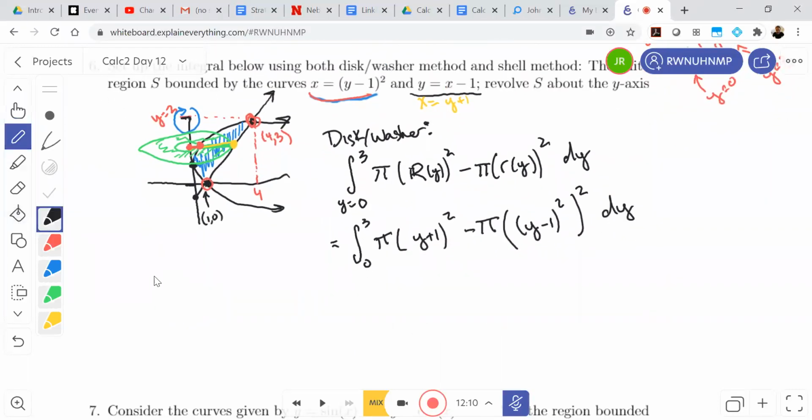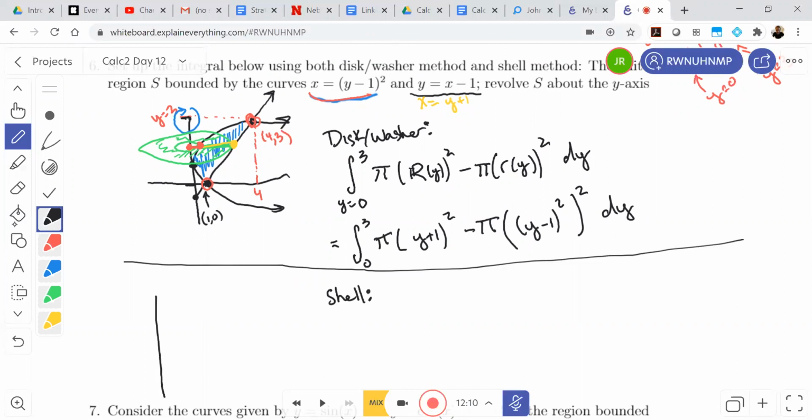In the few minutes we have left, let's at least begin setting up the shell method. We got our same picture, which I'm just going to copy down here quickly. A curve that looks like this, in which we can pretend that line is straight.